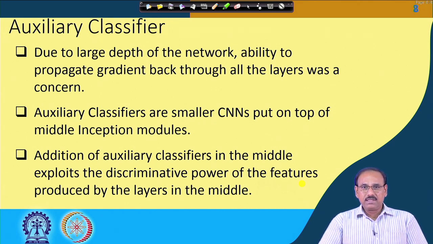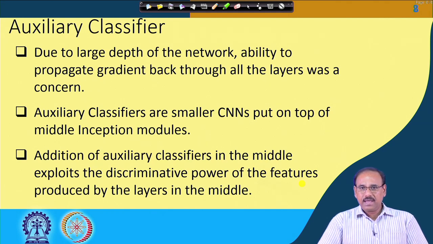And these auxiliary classifiers are basically smaller convolution networks, CNNs, which are put on top of middle inception modules. This addition actually tries to exploit the discriminative power of the features produced by the layers in the middle.